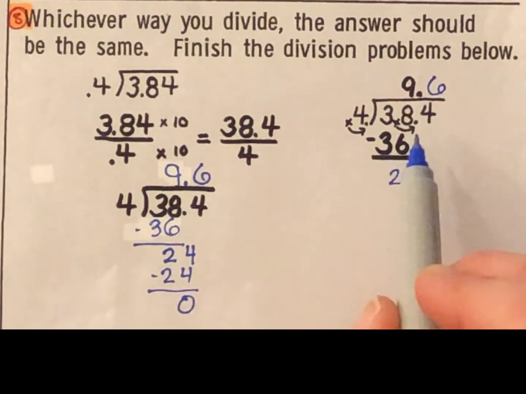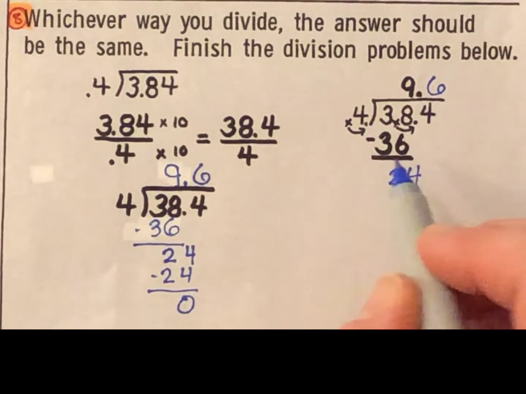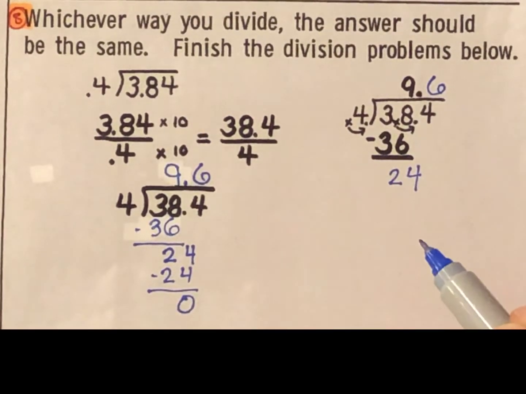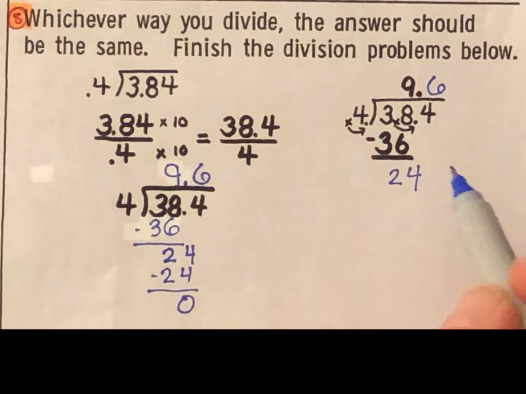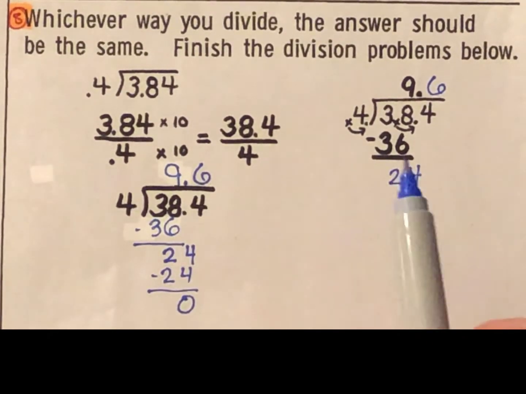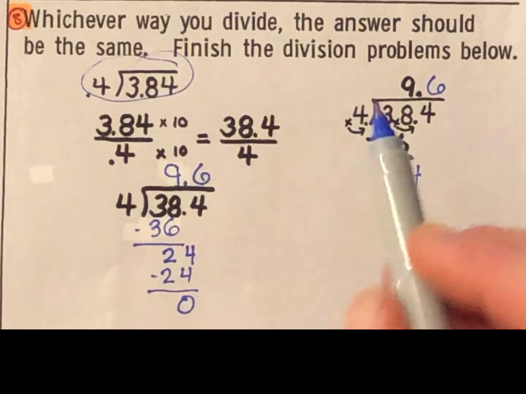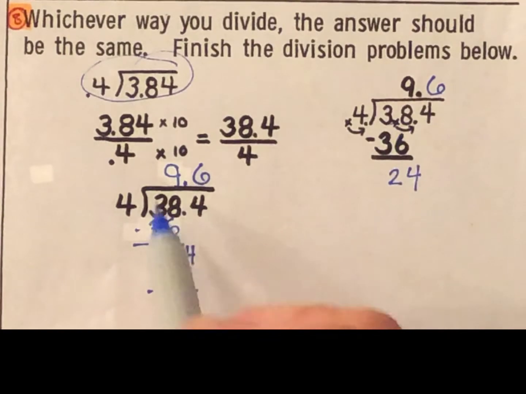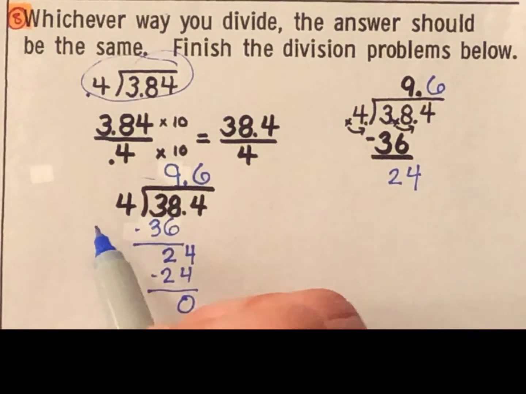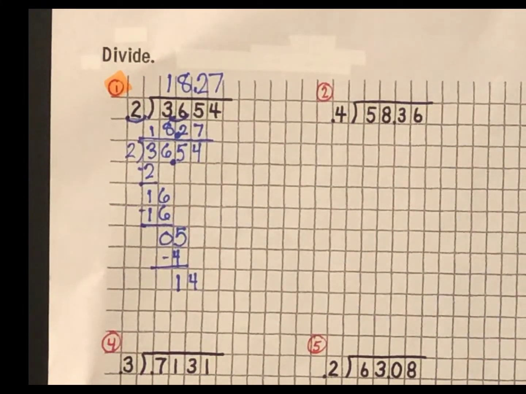I prefer not to use this method because it's easy to get confused when you have lines down here, especially when you move the decimal 2, 3, 4, 5 places, which does happen, by the way. So I prefer a combination where you take this right here, you use this approach, and then you rewrite it to this, the same way we did it at the top. That's my preferred method.